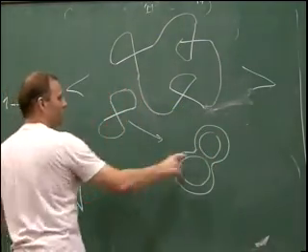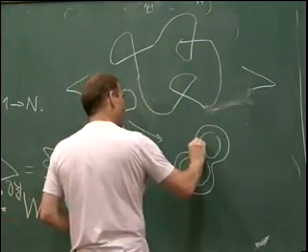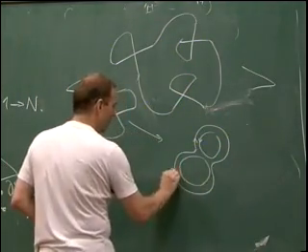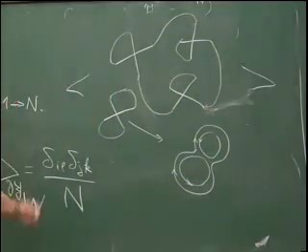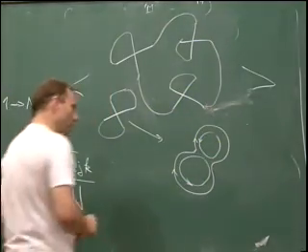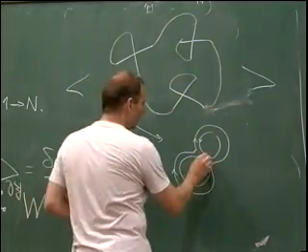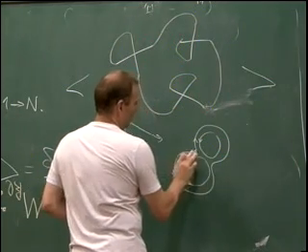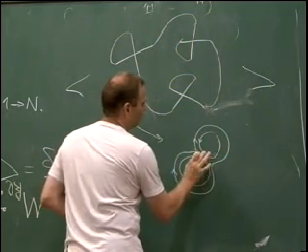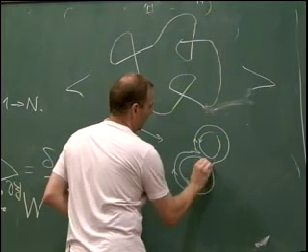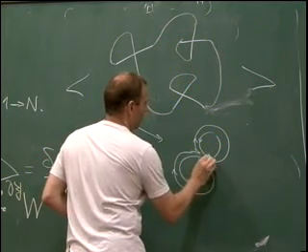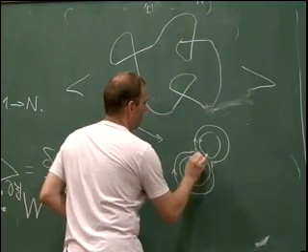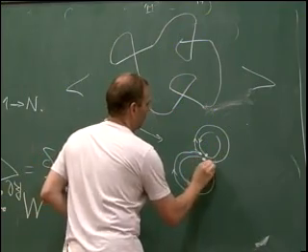Okay, so I have just one vertex in the middle, and this is oriented like this, and this like that. So this is the 4-valent vertex, basically.